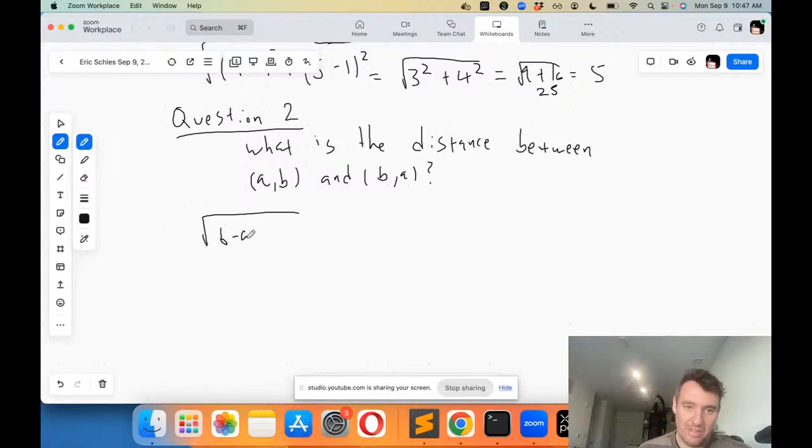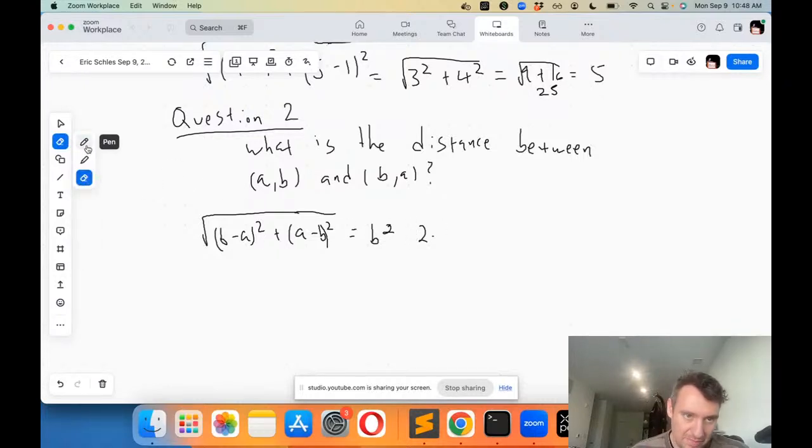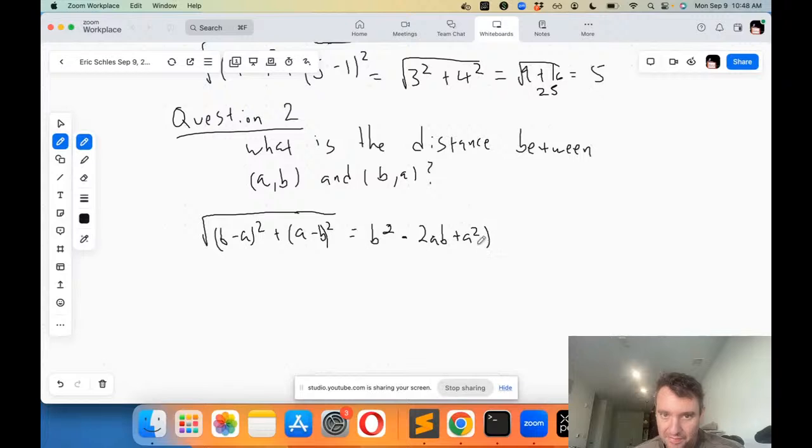So (B minus A) squared plus (A minus B) squared, and this is equal to B squared minus 2AB plus A squared. I always mess that up.